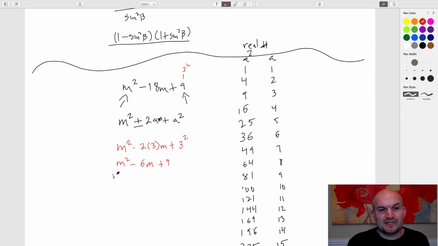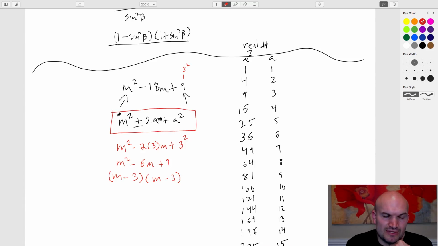The reason is that it can be factored into m minus 3 times m minus 3. Whereas this one can't be factored down. There are no two numbers that multiply to give you 9 and add to give you negative 18. So using the variables, I don't like m, but you can see that is your general definition of a perfect square trinomial.